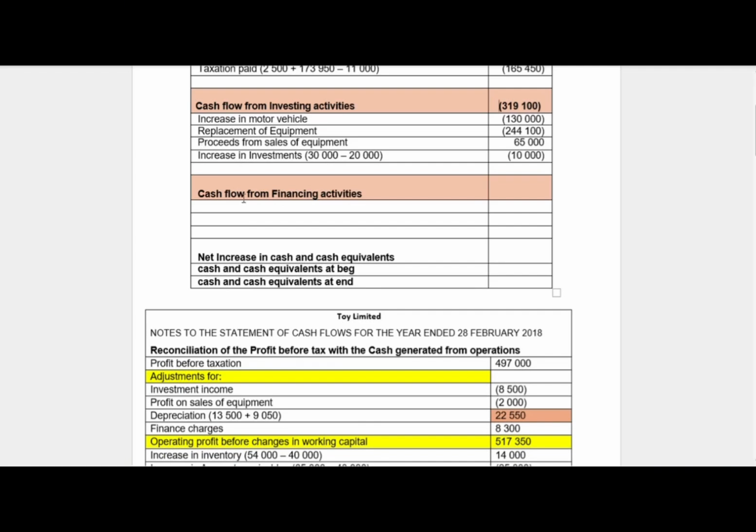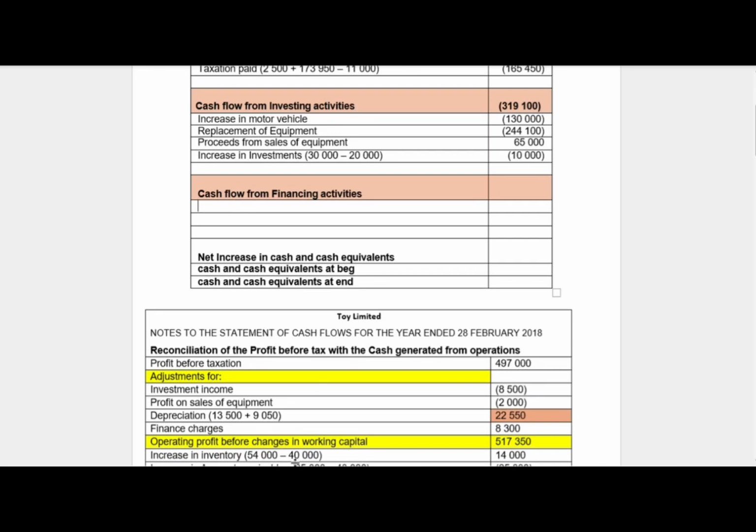All right, so let's go to our cash flow from financing activities. Remember, in cash flow from financing activities, we are dealing with how businesses finance themselves, and how they pay back those finances they financed themselves with, right? So financing themselves, one, they sell shares. So when they sell shares, we're going to look at the shares.